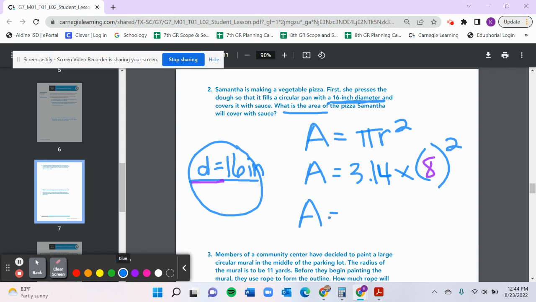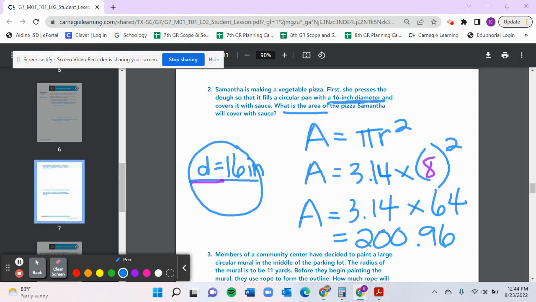When I solve all of this, let me write this out. 3.14 times 64. And then when I solve completely, I get 200.96 inches squared, because this is, again, area. If you don't have this, copy it down.